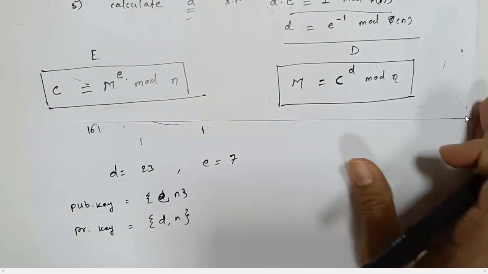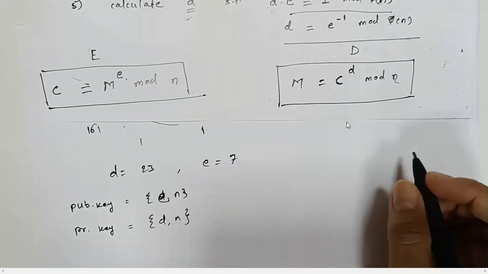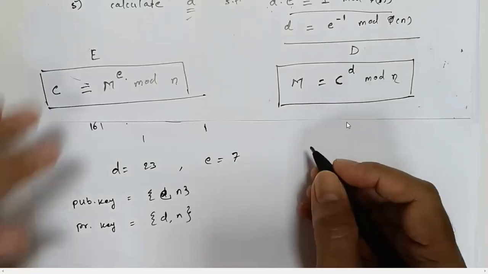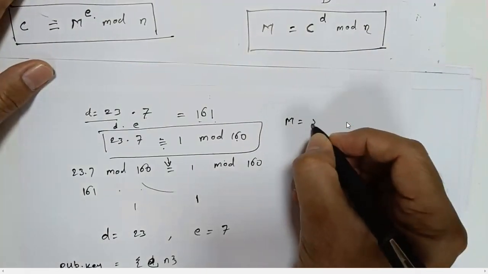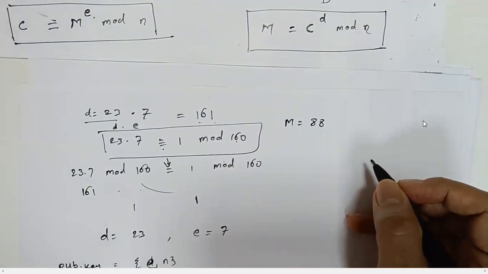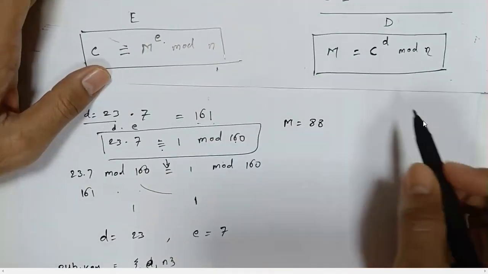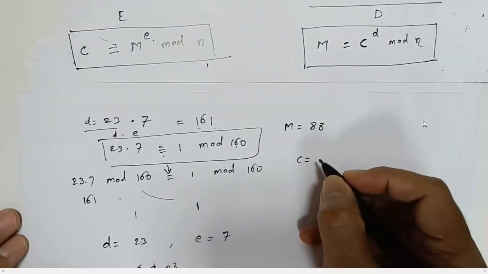Let us consider M is equal to 88. Can you do the calculation with this one? How to produce a ciphertext?